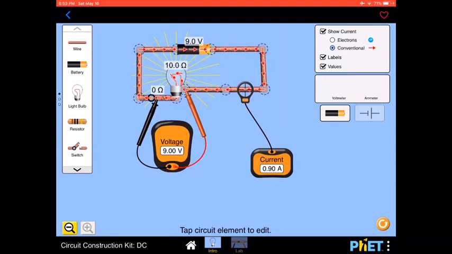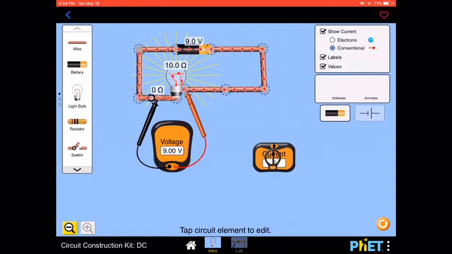So we know that 9 divided by 10 is 0.9 amps. I can put this ammeter there and it reads the same thing because it's a series circuit. Wherever I put it in a series circuit, it reads 0.9 amps.